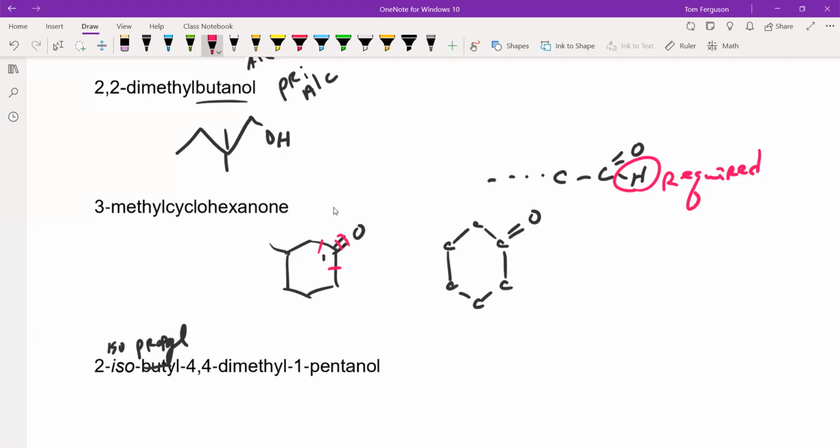But for normal ketones and aldehydes, aldehydes always have H's, no exceptions. Ketones, no H's, no exceptions, okay?